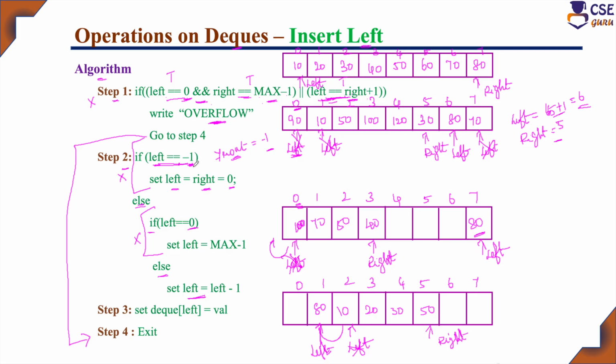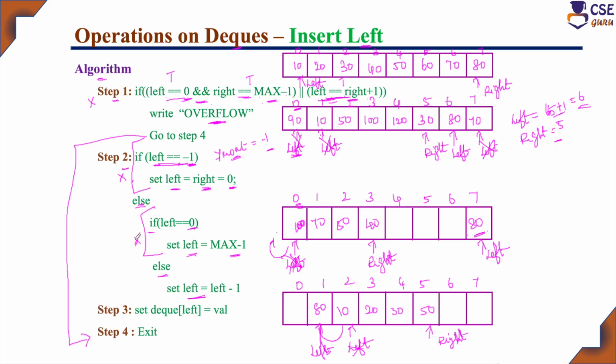So set the left and right pointers to the 0th memory location and place the element. If this condition is false, go to the else part, and here you check if left is equal to 0; in that case, set the left pointer to the max minus 1 position and place the element, if empty space is there towards the max minus 1 position.